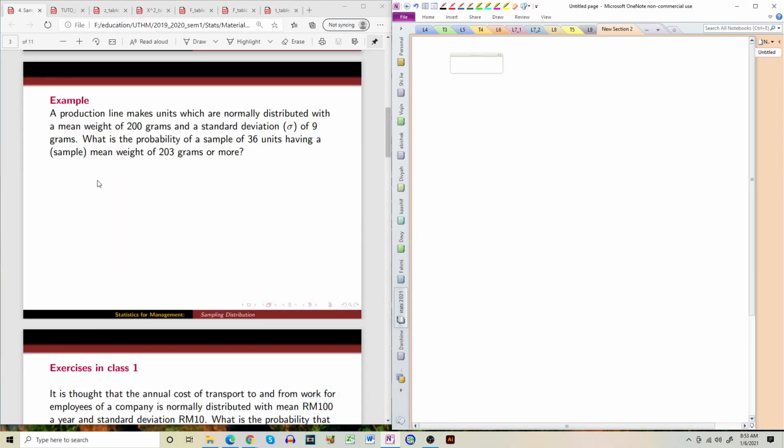If you read this example, a production line makes units which are normally distributed with a mean weight, x is weight, and it is normally distributed with mean 200 and standard deviation is 9. We write in terms of variation.